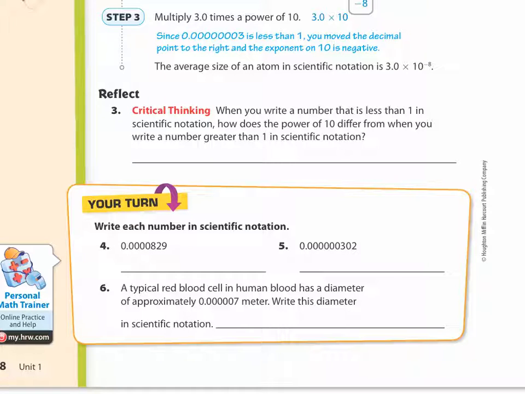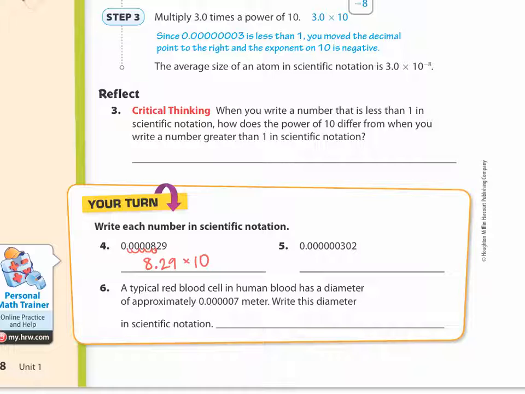I'm actually just going to use a number right here instead of rewriting it. I'm going to move this decimal point as many times as I need to until I end up with a number that's between 1 and 10. And I get 8.29. I look at how many times I moved it. Let's see, 1, 2, 3, 4, 5.